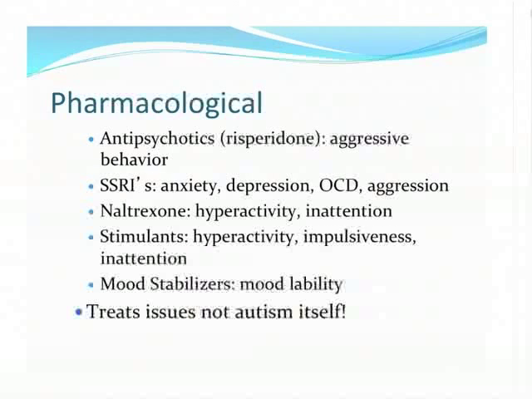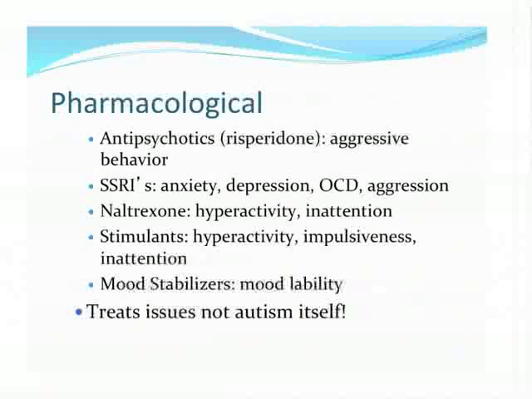Subsequently, they've been adapted and utilized in individuals with autism, and a couple of particular antipsychotics have demonstrated real, clear, marked efficacy in reducing particular behaviors for individuals with autism. These medications aren't being used to treat autism itself, but simply some of the associated behaviors. Specifically with antipsychotic medications, they seem to be most helpful with reducing aggressive and self-injurious behavior for individuals with autism. There are marked side effects, and I'll talk about those in a moment as well.